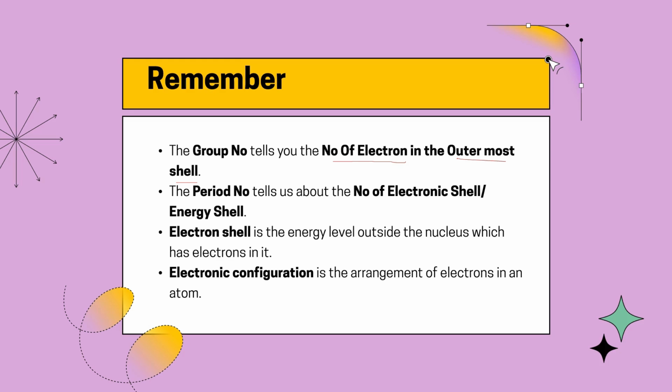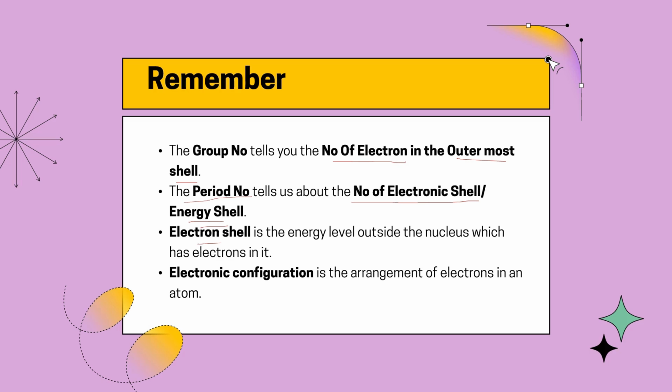All the elements in group 6 will have 6 valence electrons. The period number tells us the number of electronic shells or energy shells. So if an element is in period 3, it means that there are 3 shells. All the electrons will be filled in up to the third shell.